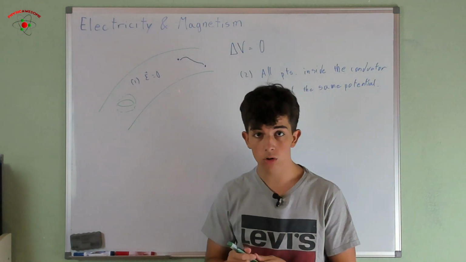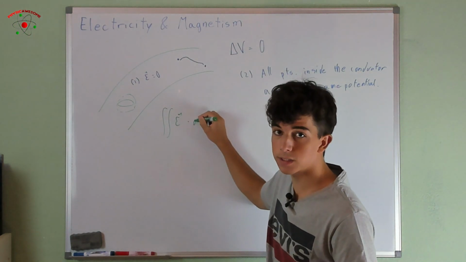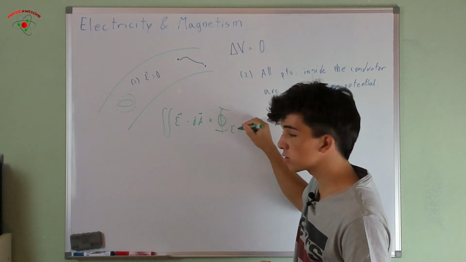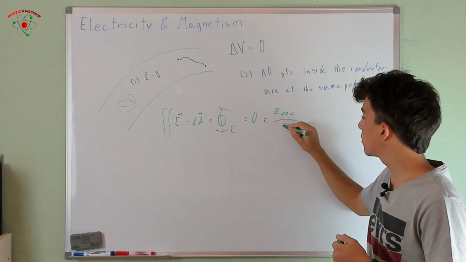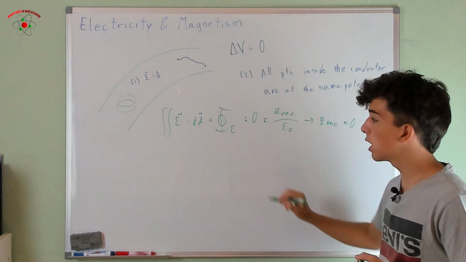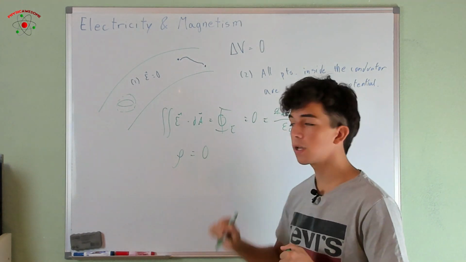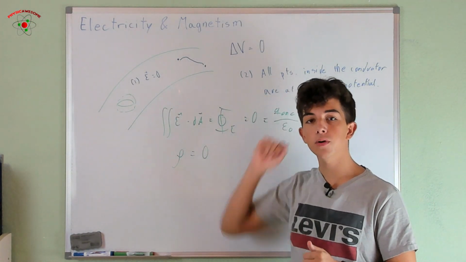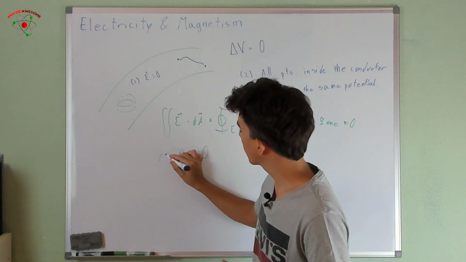Therefore, by Gauss' law, we conclude that if the electric field is 0, the electric flux is going to be equal to 0, and by Gauss' law this is equal to the charge enclosed over epsilon naught, which means that the charge enclosed equals 0, and therefore the charge density inside of the conductor for all of it equals 0. These are the three most important things to know about a conductor, and let me label this as the third one.